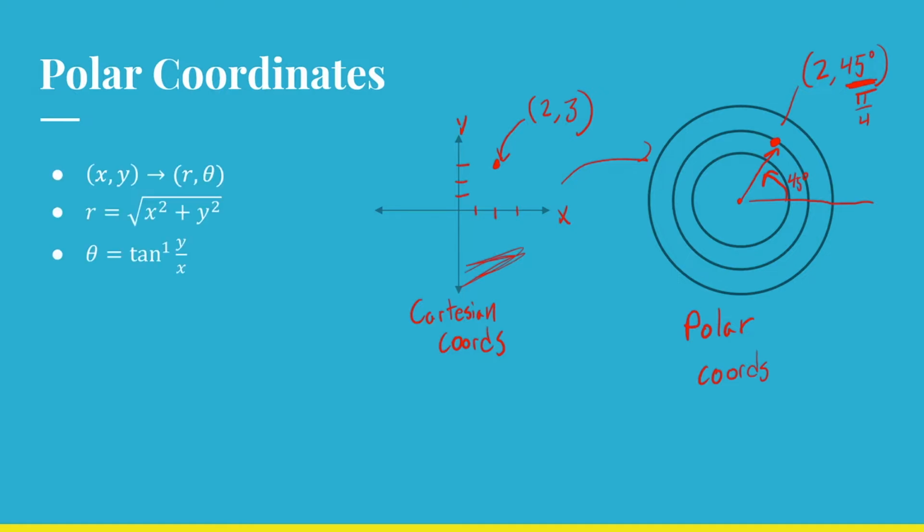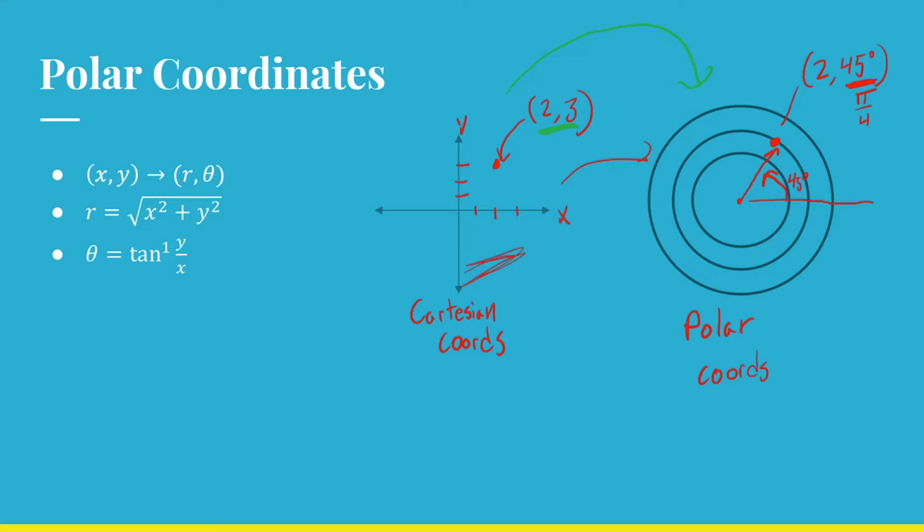So the first one is going from Cartesian to the polar coordinates. So this is, I know 2, 3 in my x and y position, and now I want to learn how to represent that in our polar coordinate system.